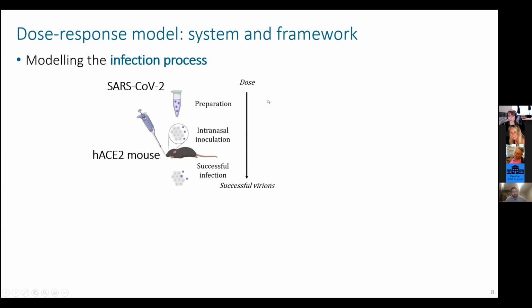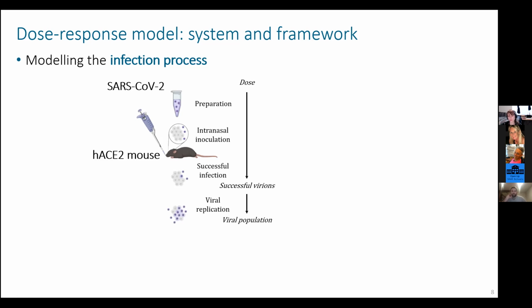this dose of variants. Some of the variants will successfully lead to an infection, while some will potentially never really enter the host, or just get lost in the tissue and never encounter a cell and generate an infection, or they will be attacked by immunity before they get a chance to infect a cell. So from the dose we started with, we only have a proportion that we call successful variants.